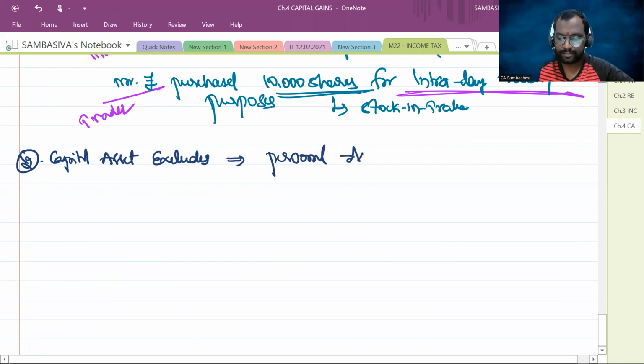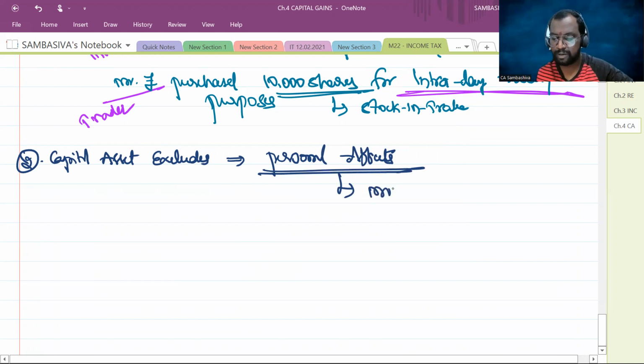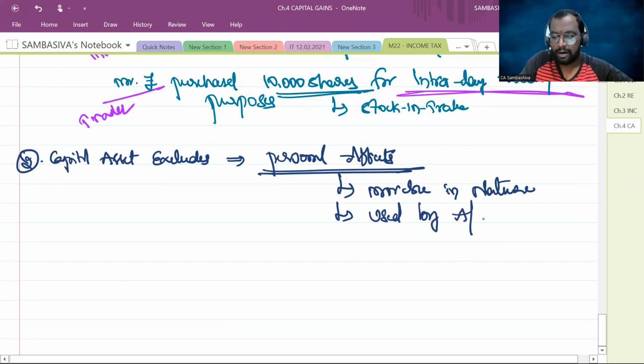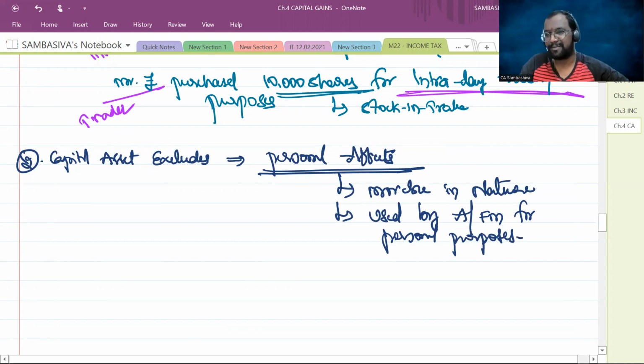In order to treat a particular asset as a personal effect, it must be movable in nature, and it must be used by the assessee or any of his family members for personal purposes. Then only it should be treated as a personal effect.